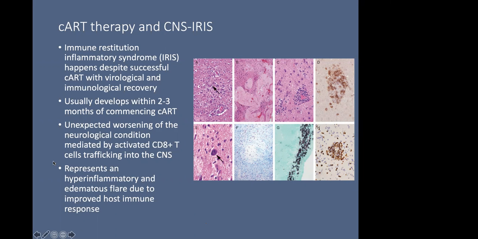This represents a hyperinflammatory and edematous flare due to improved host immune reaction. In this case, CD8 positive cytotoxic cells actively invade the brain and breach the blood-brain barrier and produce perivascular inflammation mostly. That produces this serious situation.